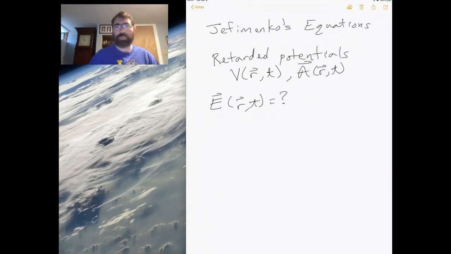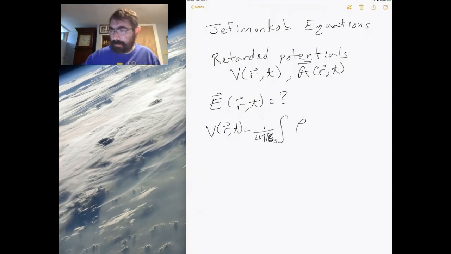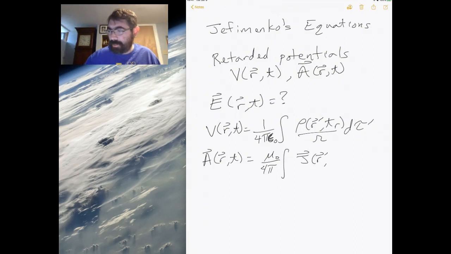So if we do that, we measure the potentials with the previous forms, which I might as well write out. You do this enough times, you can kind of remember what the form of the potentials are. Okay, so this is our starting point.